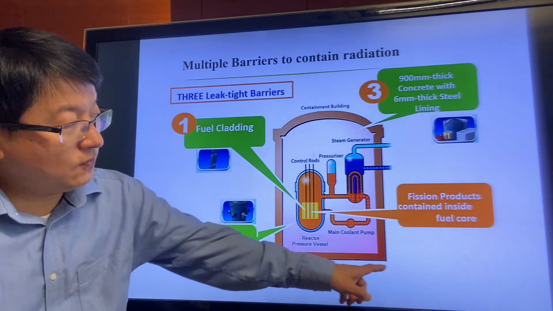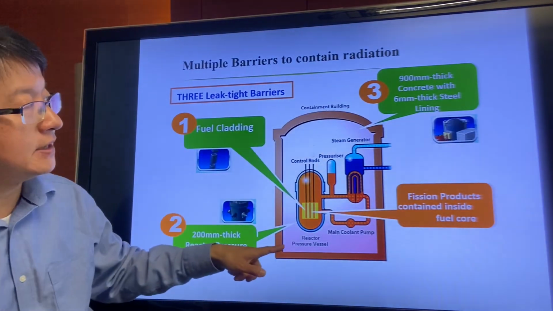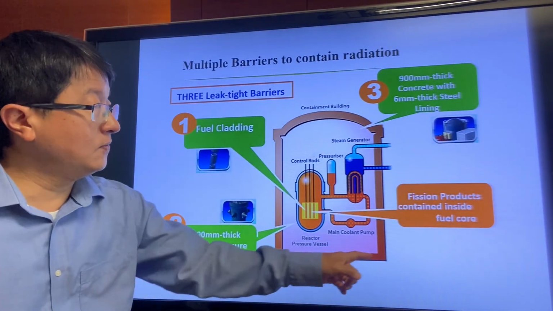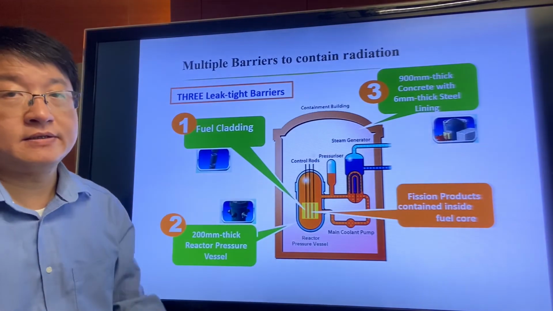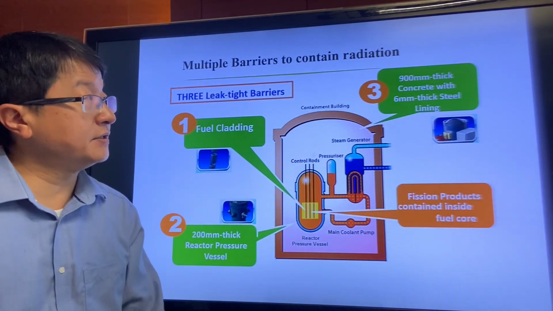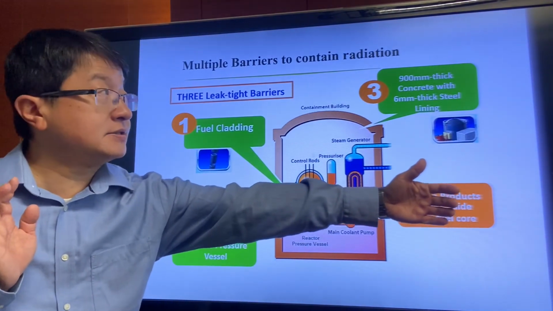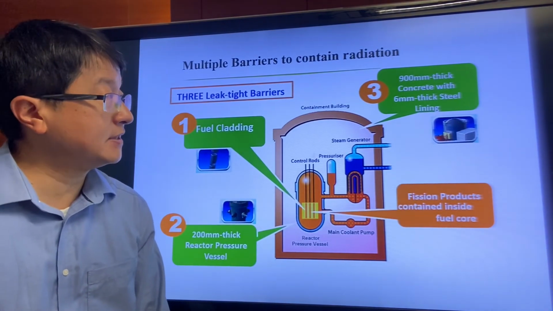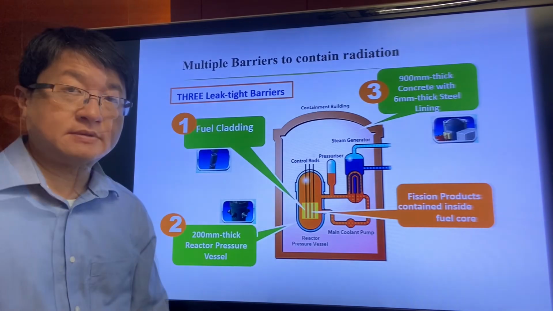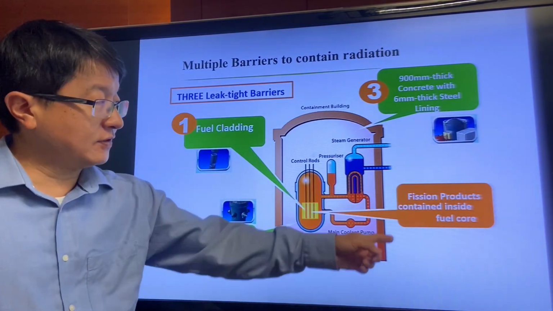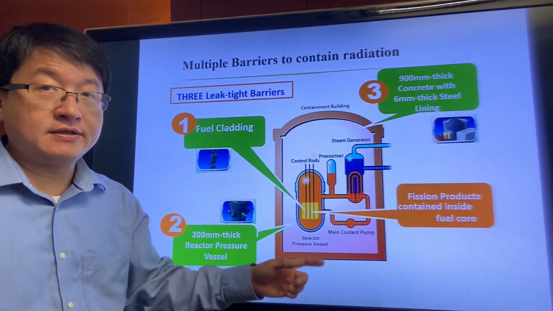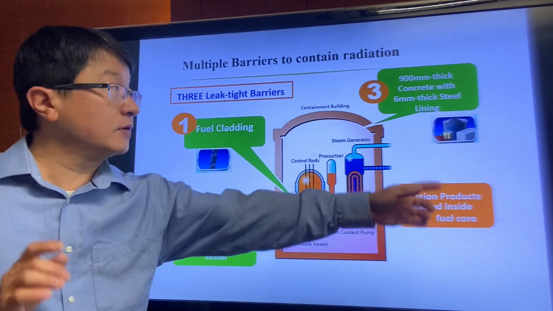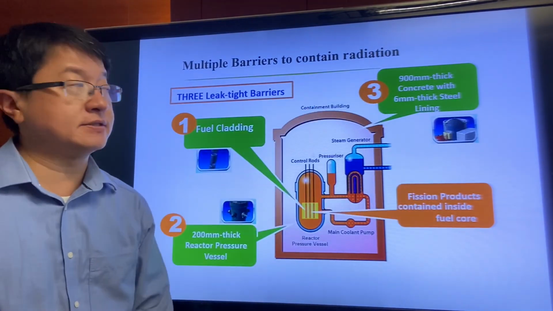And for the whole containment building, the thickness of the concrete wall is about 900 millimeters.